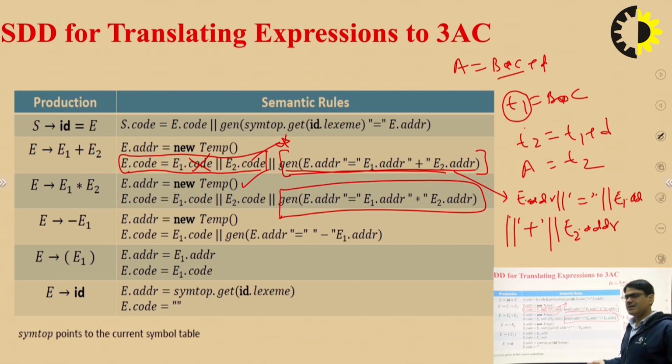Again, you use the concrete translation scheme when you are aware of generated. So this is the syntax-directed translation scheme for translating assignment statements into 3-address code.